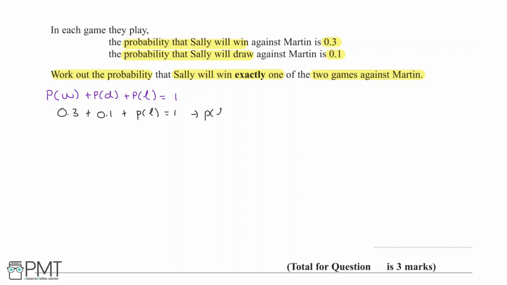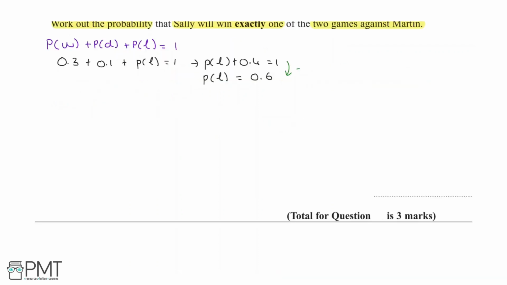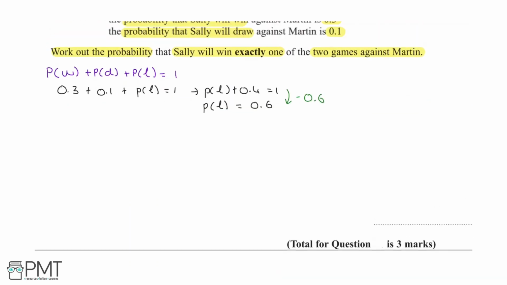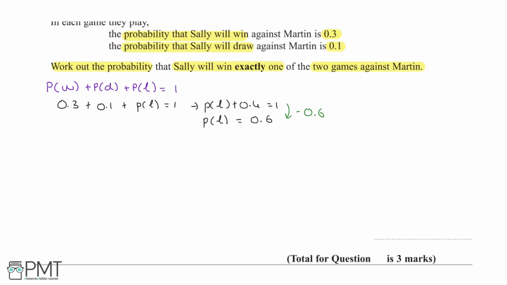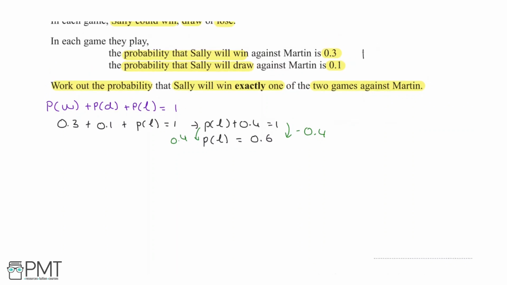So we have the probability she loses plus 0.4 equals 1, and therefore the probability she loses equals 0.6. Okay, so 1 minus 0.4, and you get that by subtracting 0.4 from either side, like that. So we will just write here the probability she loses is 0.6.